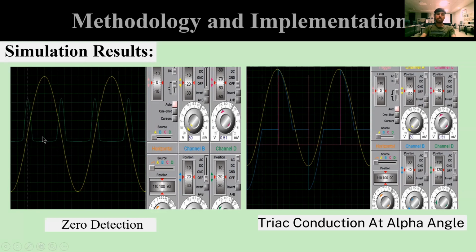As can be seen, in every cycle the zero crossing is detected two times. When the zero crossing is detected, the Arduino will generate a pulse, and at that instant our load will be on. This is actually a triac conduction at an alpha angle.